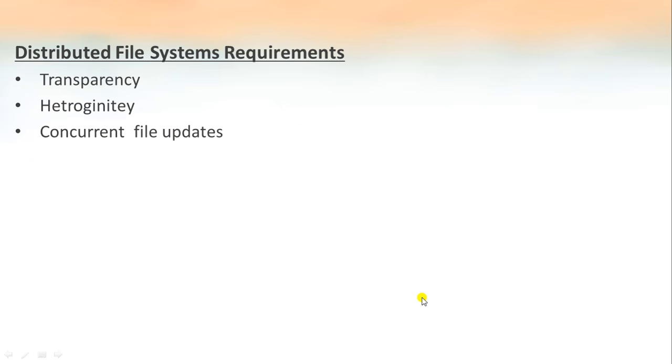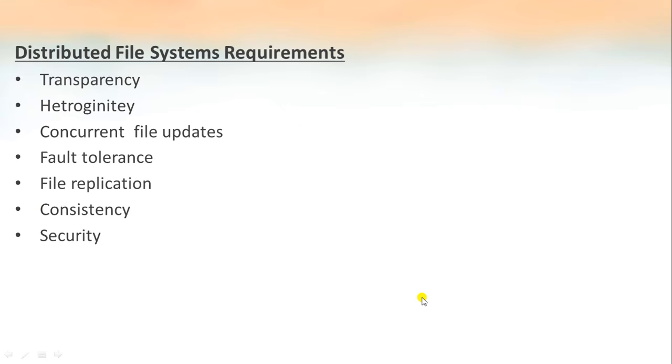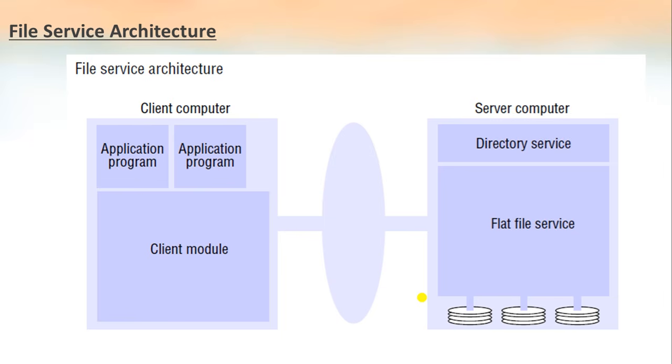Now, distributed file system requirements include transparency, heterogeneity, concurrent file updates, fault tolerance, file replication, consistency and security. Also efficiency. This is the file service architecture. In a distributed file system, we already discussed it is based on a client-server architecture.